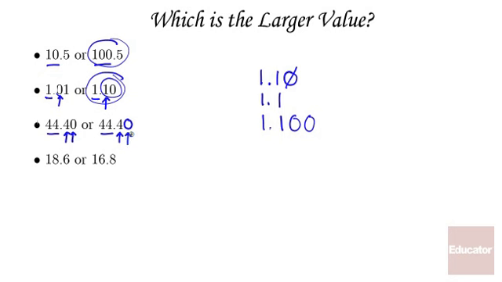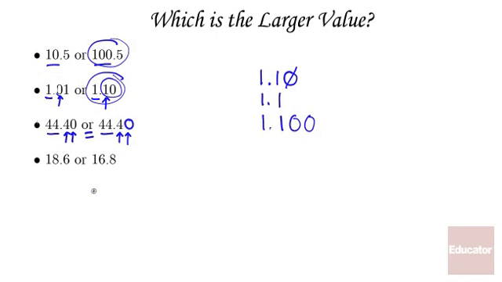Now they're also the same. So in this case, even though before I had the 0, 40 sounds like it would be bigger than 4. Since I can add the zeros right here, they have the same value. So in this case, they are equal. So 44.40 is equal to 44.4.